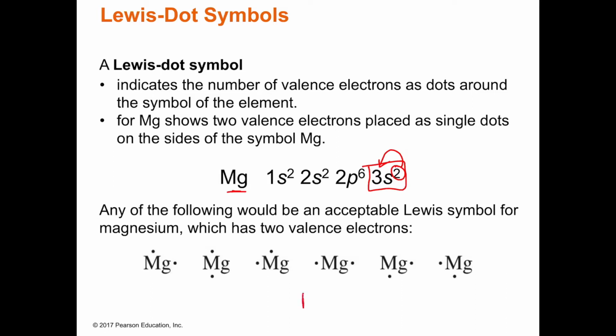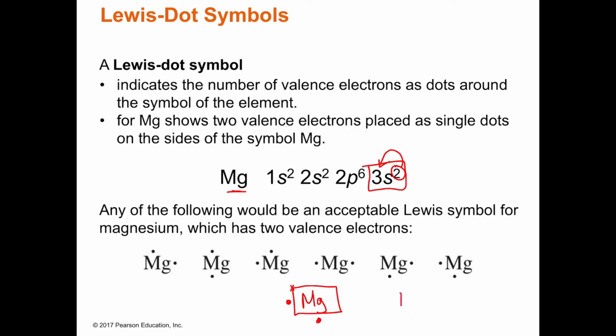The important thing here is to think about magnesium, our element symbol, as being in a box. You can put electrons on the sides of the box, but you can't put them on the corners of the box. You can't put it here. You can only put them on the sides of the box, and you can't put these electrons together because the electrons aren't paired. These are unpaired electrons, which makes a really big difference in chemistry.